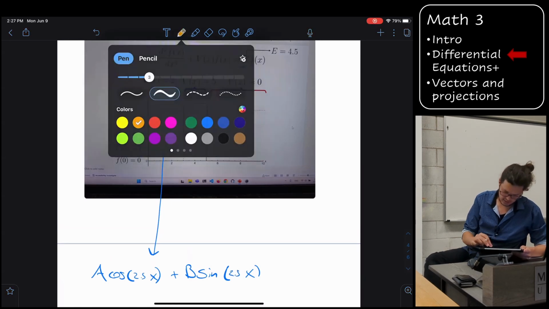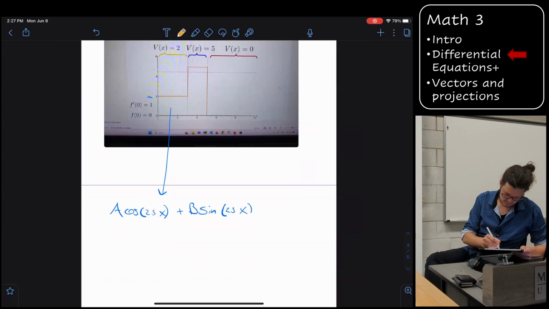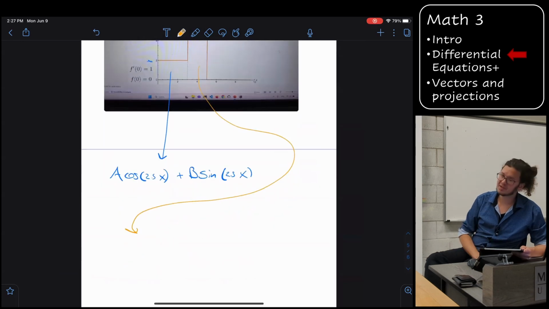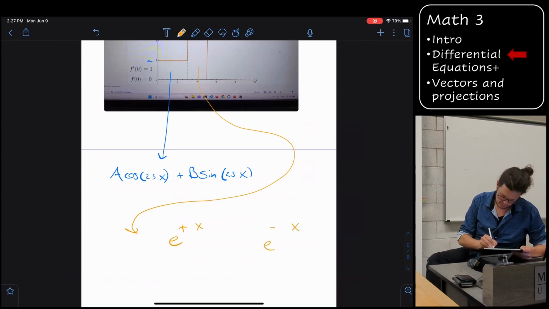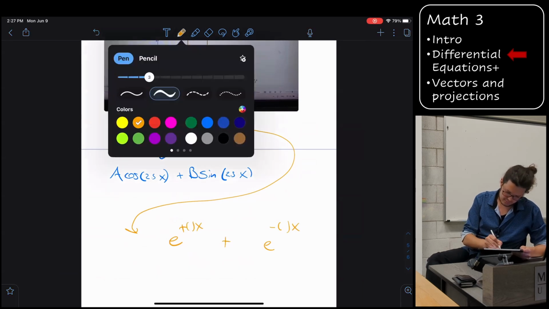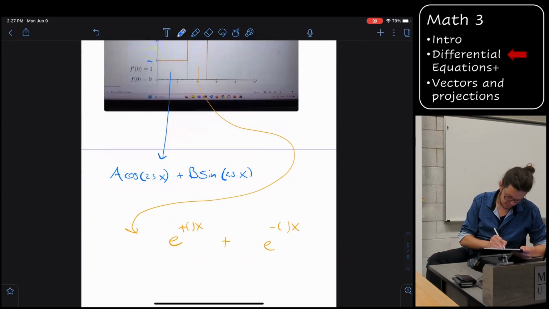The solution in here, we said, should look like e to the plus something x and e to the minus something x. That something is the subtraction of those numbers as well. Do I have these two functions? I'm going to put in here a c and a d.